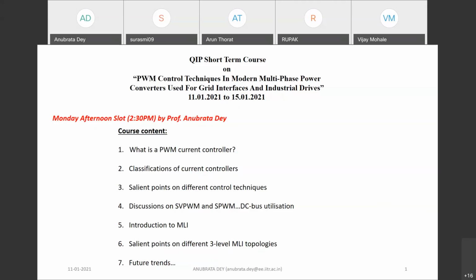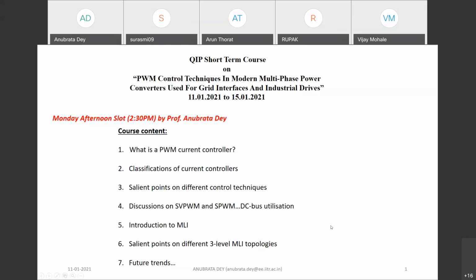Although you know some part of multi-level inverters, I will go into a little more detail. My focus will be restricted to three-level inverter topologies. Salient points of different three-level converter topologies will also be shown, along with some flavor of how future research is going on. You'll get a small glimpse of that.